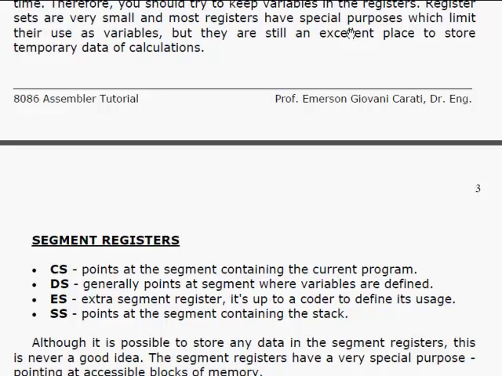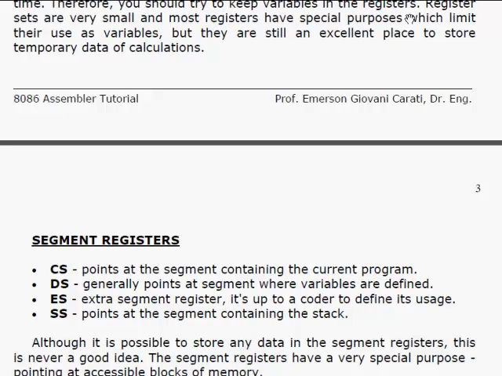CS is called the code segment. It points at the segment containing the current program, meaning the code segment is a section of memory that holds the code. By code we mean programs and procedures that are used by the microprocessor. We will not go into further detail of the CS, how it operates in real mode and protected mode.